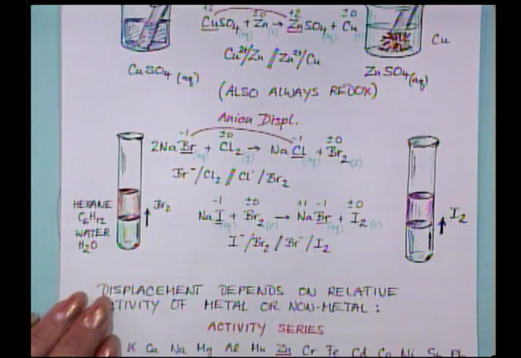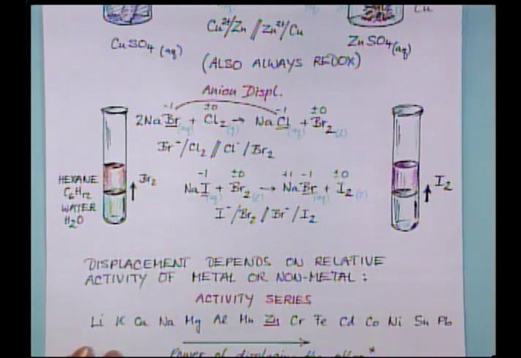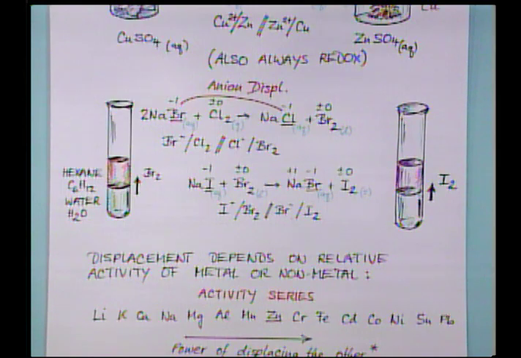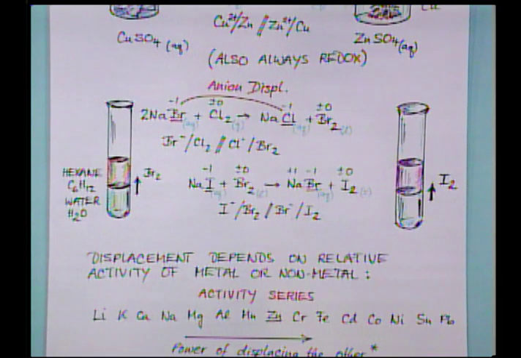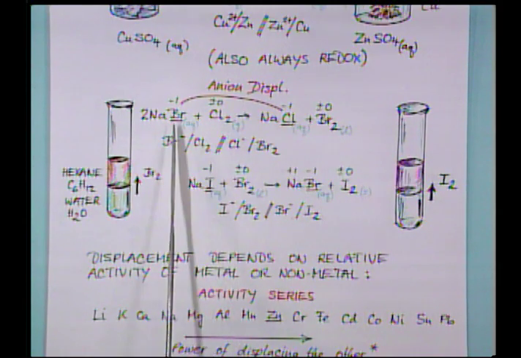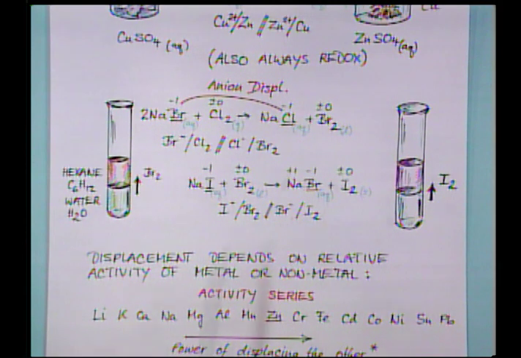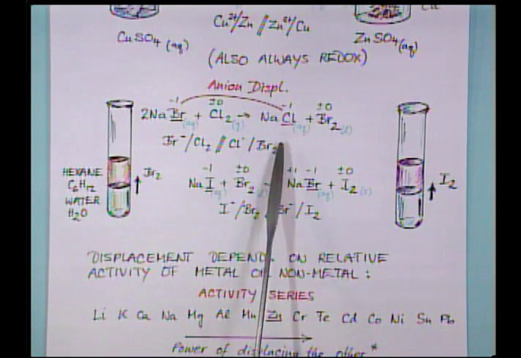Let's look at anion displacement, which is also possible. And we see here that the more active halogen will displace the less active halogen in its particular chemical combination. So chlorine, having the oxidation number plus minus 0, all elements are always 0, will substitute for bromine and kick bromine out of its combination. So it will just take its place and make a compound.